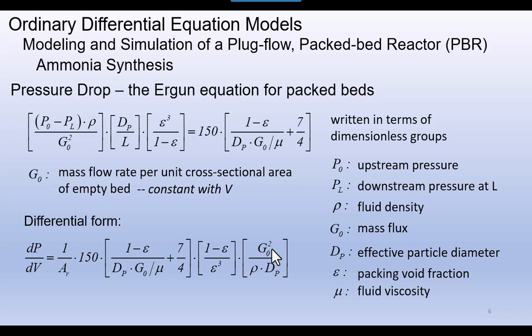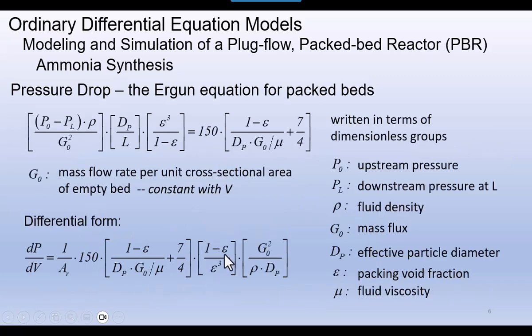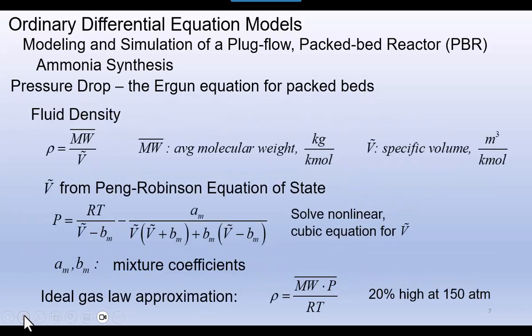And so let's put together a couple of other needed pieces of information. And one is the fluid density, which we're going to need if we deal with the Ergun equation here. And the fluid density is given by an average molecular weight divided by a specific volume. And here we're going to come up with the specific volume from the Peng-Robinson equation of state, because again, we deal with elevated pressures here.